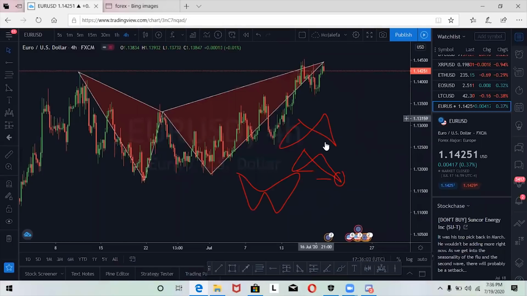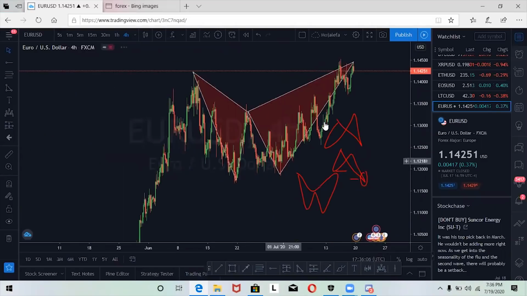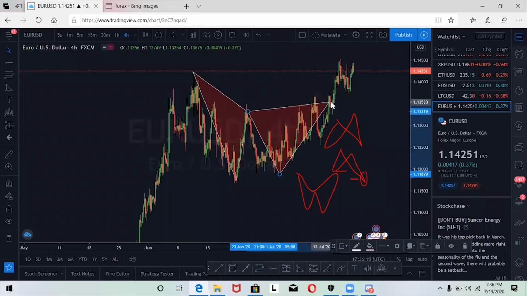And you know what I love about harmonics, guys? They are straightforward. If you see something like this, for example, that time I remember when I was talking to Zoo, I was forced to put it here. And I remember telling him there's more force to the upside.